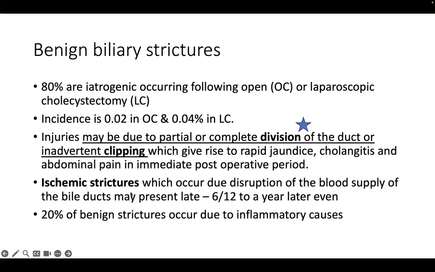Ischemic strictures may occur due to disruption of the blood flow to the bile ducts, which may present even late, 6 months to 1 year or even later, post-operatively. 20% of the benign strictures occur due to inflammatory causes.